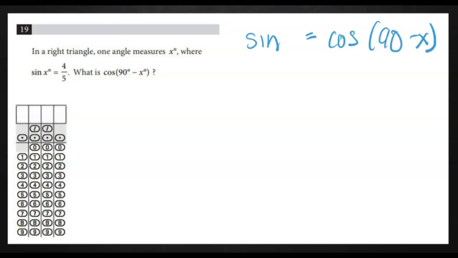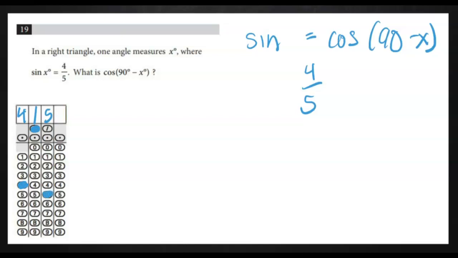So remember, complementary angles add up to 90, so its complement is 90 minus the angle. So your answer in this case is still just 4 over 5. So 4 over 5, that's my answer. So 4 over 5 is 4, and the fraction sign, and then 5.